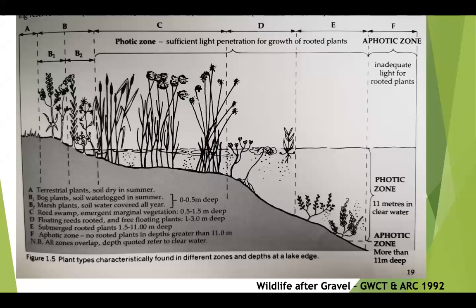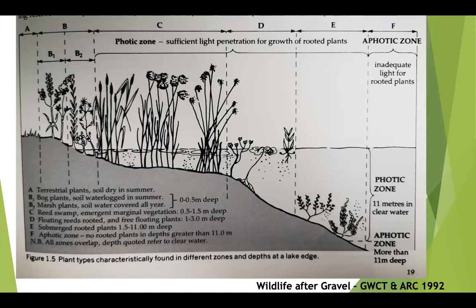You'll see on here that the photic zone is 11 meters in very clear water. I would suggest in the majority of the waters that you guys are managing, it's anything below 3 meters, 4 meters in most lakes, just simply due to the amount of suspended solids that we get, the murkiness of the water, which prevents that light penetration, and as a result, it prevents plants being able to photosynthesize and grow.